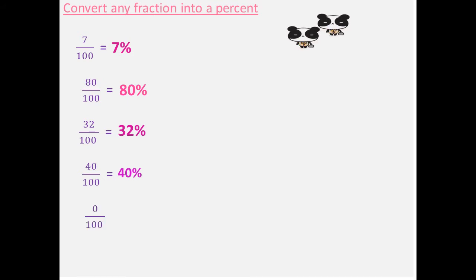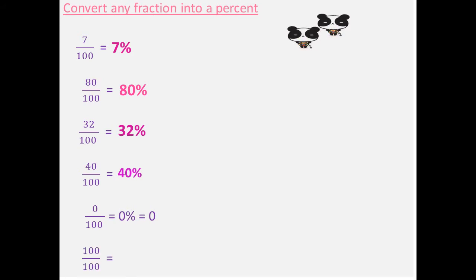What about 0 out of 100? Yes, any fraction can have a numerator, or number on top, of 0, and its value is 0. Can I write it as a percent? For sure, I have 0%. So I can write it as a percent, 0%, and its value is 0.